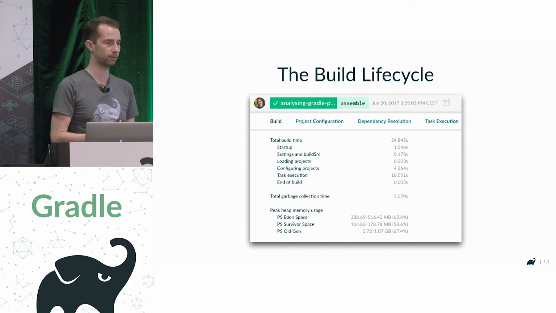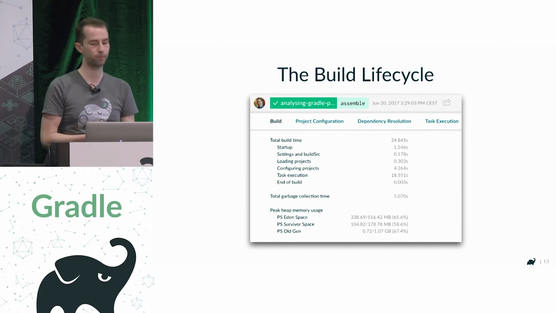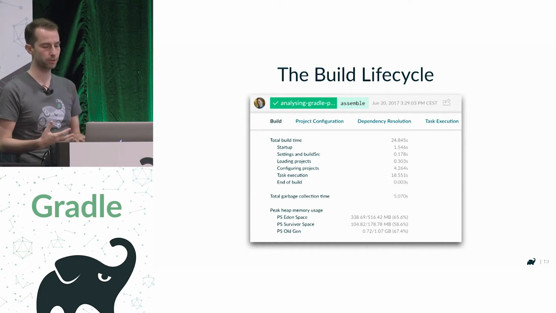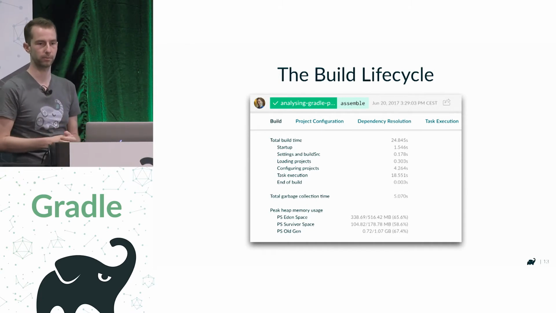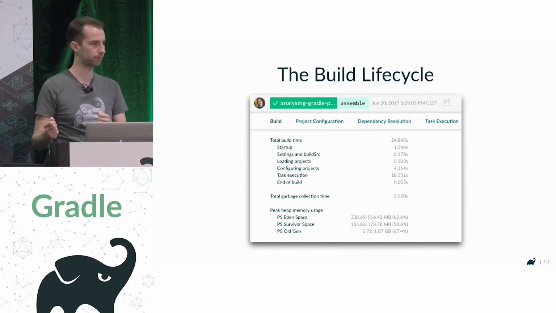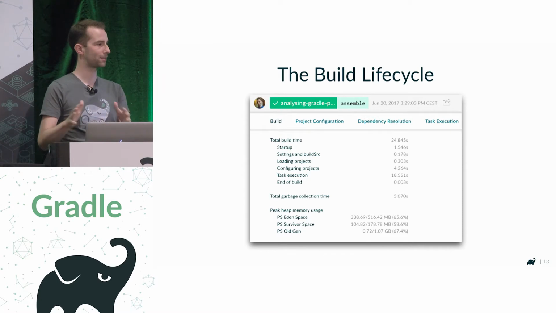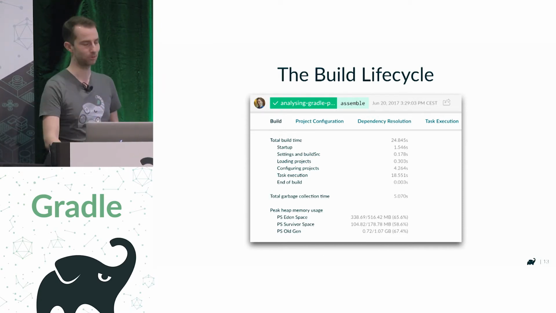We evaluate your settings script that lists what projects you want to have. We configure those projects. Then we select the tasks that need to be executed according to what the user specified on the command line, and then we run those tasks. And each of those phases has different recommendations of what could go wrong there and what you could do to fix it.